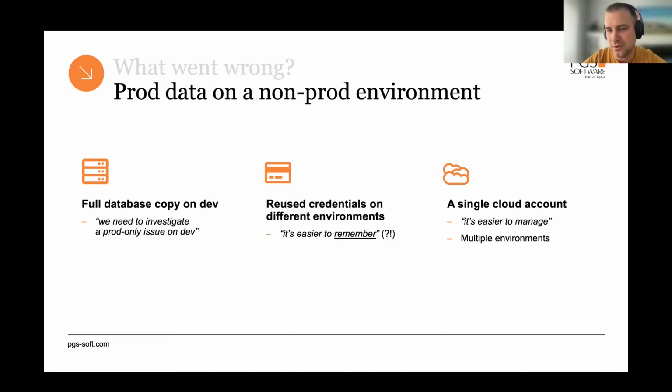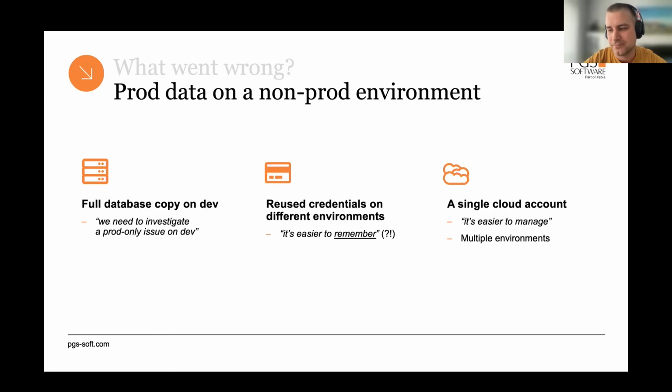And also, not in this case, but in many different cases, customers decide to use a single AWS account for multiple environments, or a single subscription for many environments in different clouds.